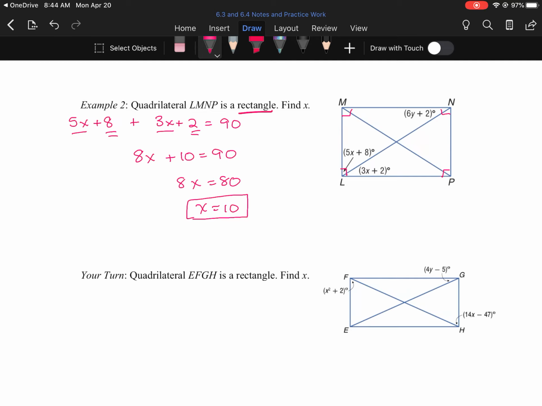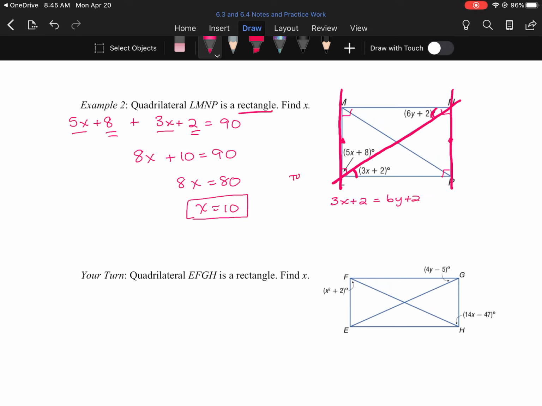But now I'm going to find y because you're probably going to have to know how to do this at some point. We know the opposite sides are parallel. So if we have two parallel lines cut by a transversal, I know that this angle and this angle are congruent because they're alternate interior angles. So I'm going to set those two equal: 3x plus 2 is equal to 6y plus 2.